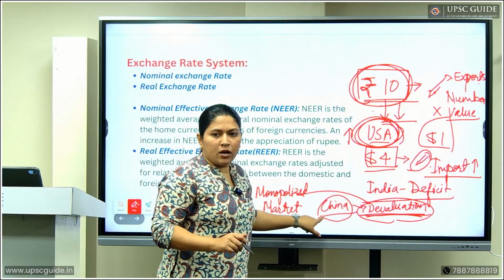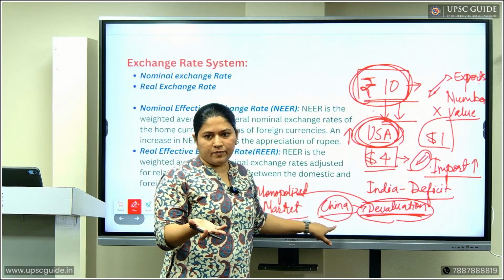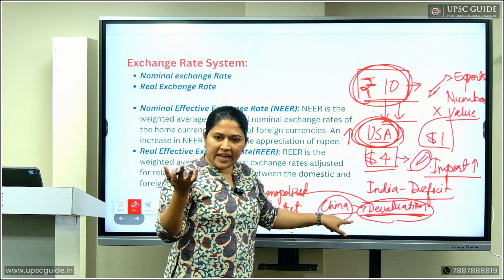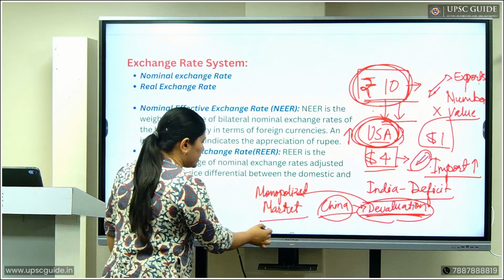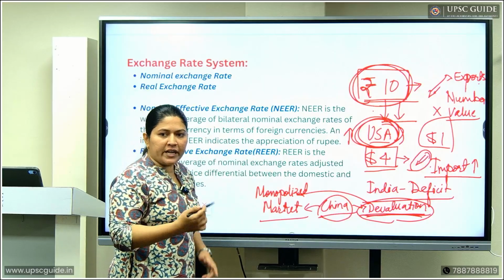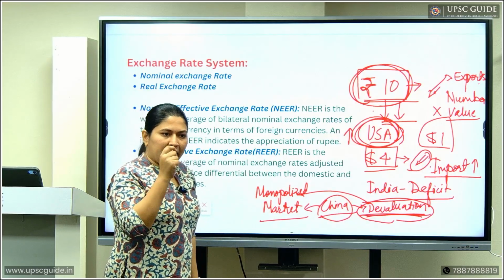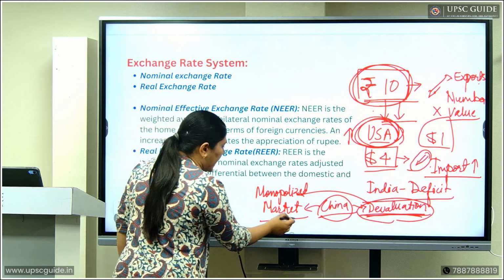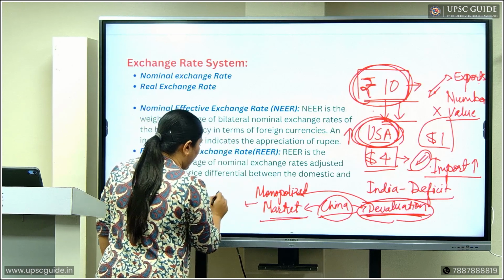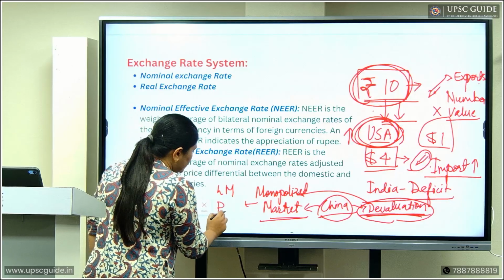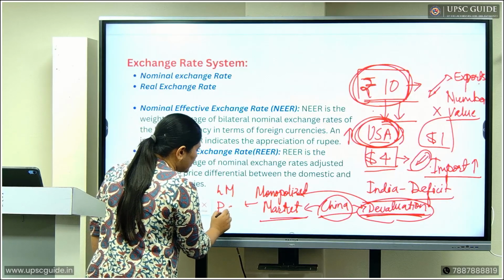Why? Because सस्ता मिल रहा है, right? China has devalued its currency, and that is why the products exported by China would be imported in a very less amount by other countries. Fine. And these products are very well accessible for the lower middle class, right? The lower income group or the poor class.